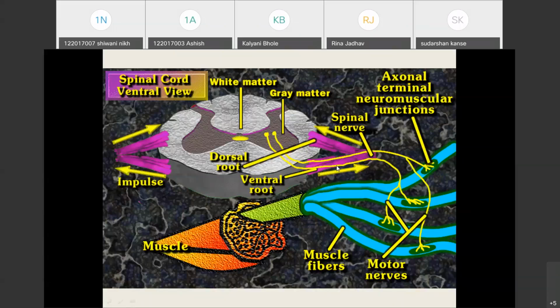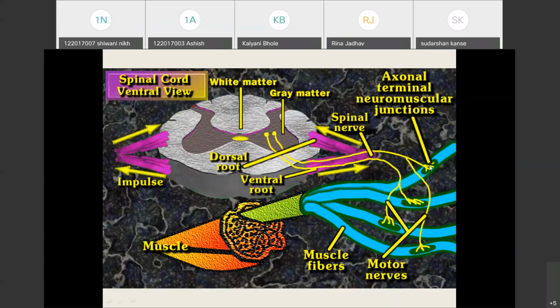How this electrical signal is transmitted or travels, the physiology behind that is called action potential. The physiology of how it carries the signal is called action potential. It carries the electrical signal from the brain or spinal cord to the muscle.